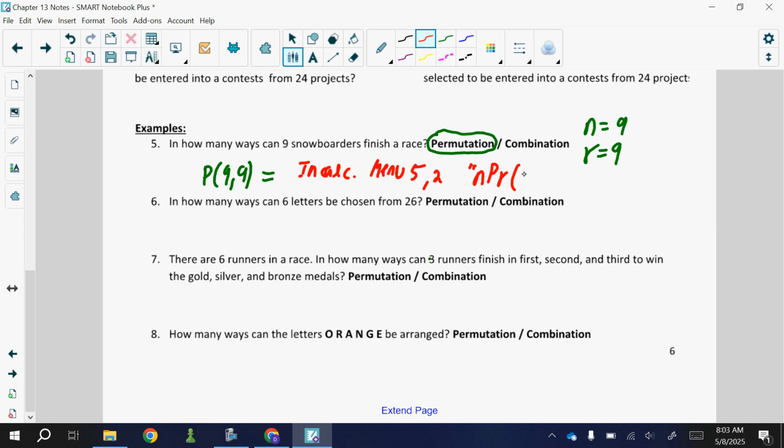Then you put in first, which is 9, and then a comma. The comma is right below your pi button in your calculator. And then you hit 9, close your parentheses, hit enter, and it'll spit out the answer for you. If you do that, it gives you 362,880. So that's the amount of ways 9 racers could finish a race.